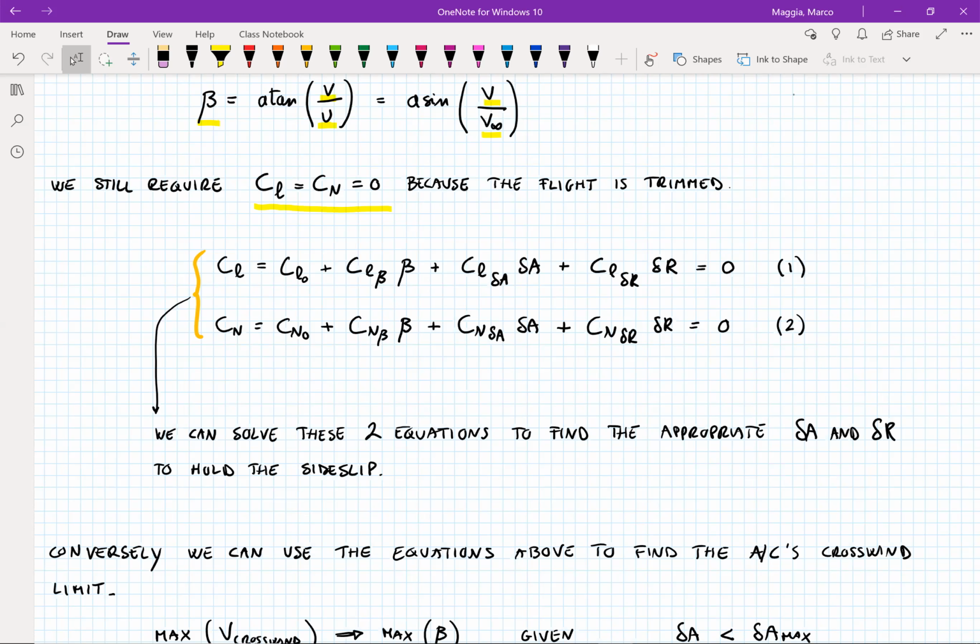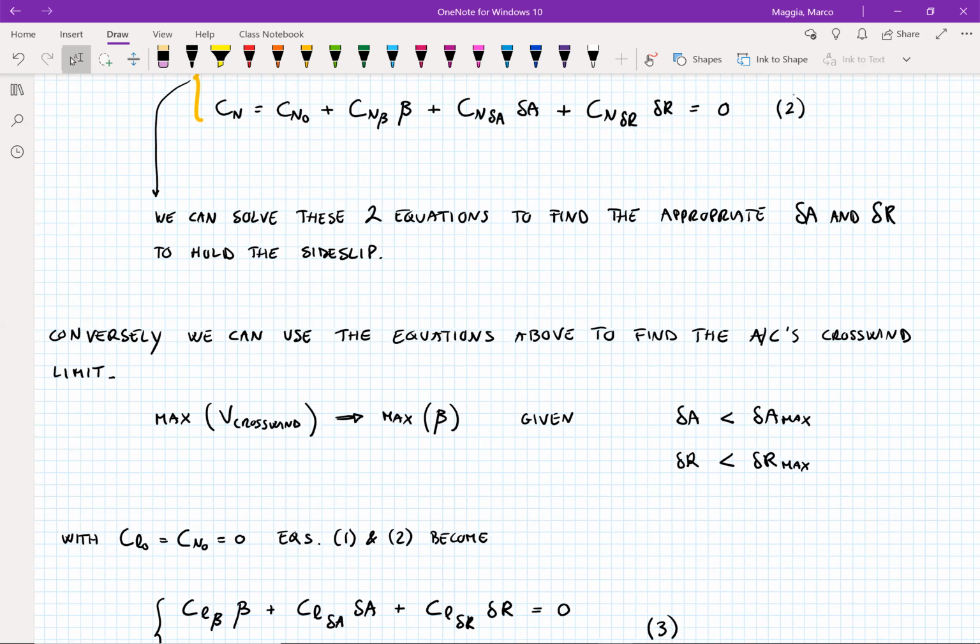This is because delta A and delta R have limits. We can only deflect the ailerons and the rudder up to a certain angle, plus or minus, so it is usually limited. And so this is done as follows.